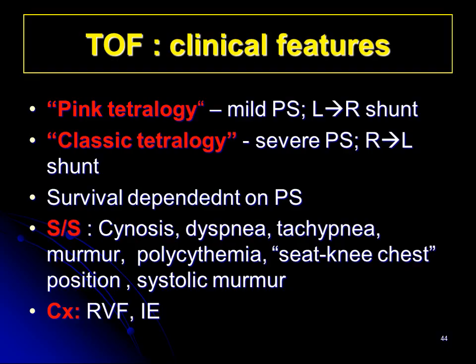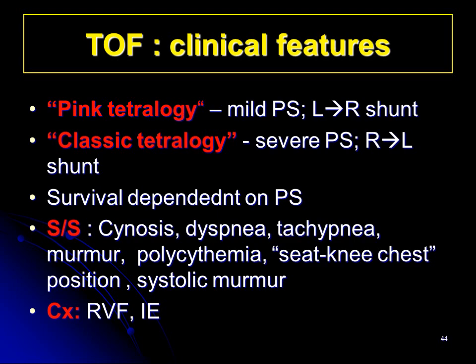The shunting of oxygen-poor blood results in the reduction in the arterial oxygen saturation so that the babies appear cyanotic or blue. The systolic murmurs are present and can result either from a ventricular septal defect or from the pulmonary stenosis. As in all hypoxic patients, the hemoglobin concentration is increased, resulting in polycythemia.